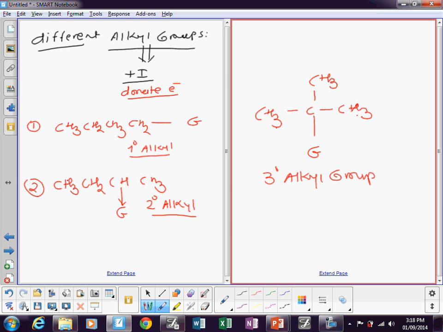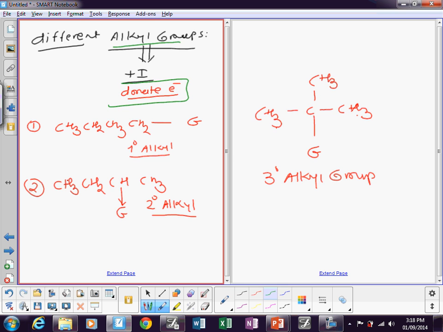Now the character of alkyl group is to donate electron. The characteristic of alkyl group is to donate electrons. Correct or not? They are donating electrons.